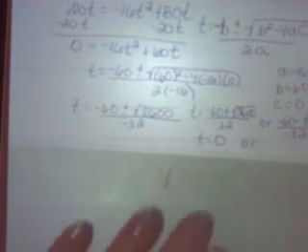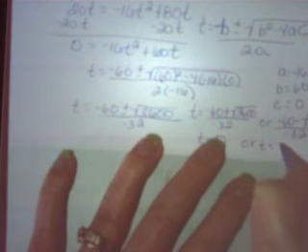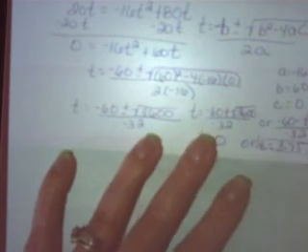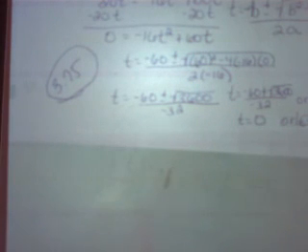Or negative 60 minus the square root of 3600 divided by negative 32. T is going to equal 3.75. So I know that it's going to take 3.75 seconds for the elevator and the ball to reach the same height. Okay, that's it for today's lesson.